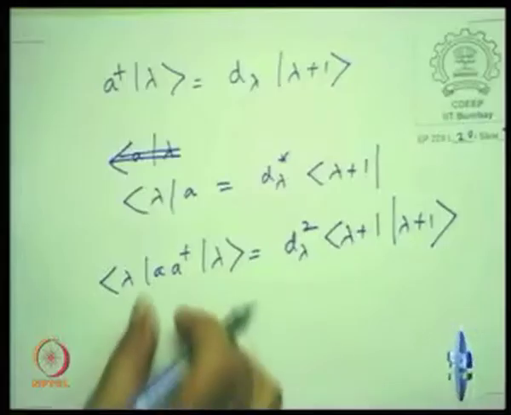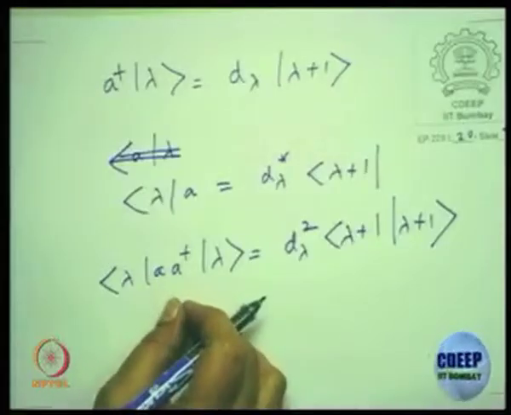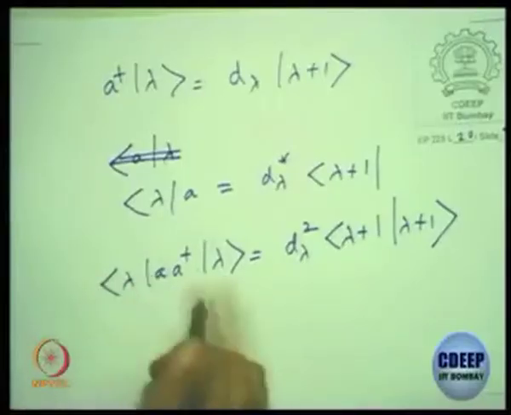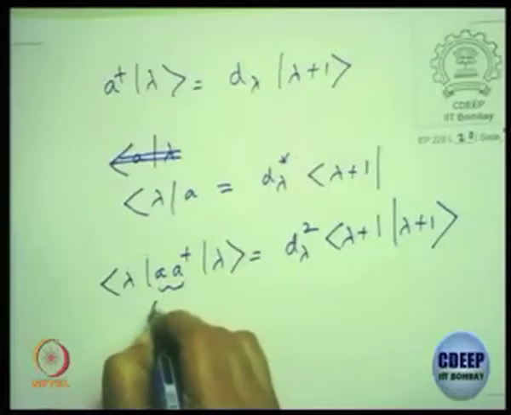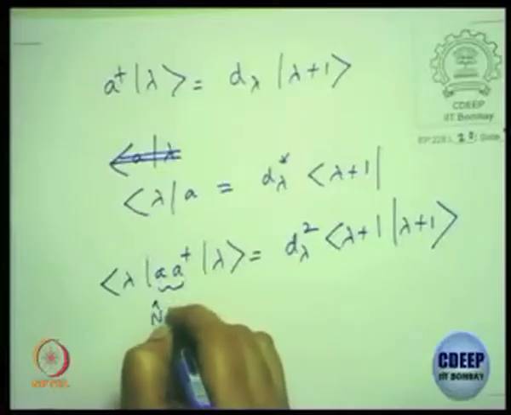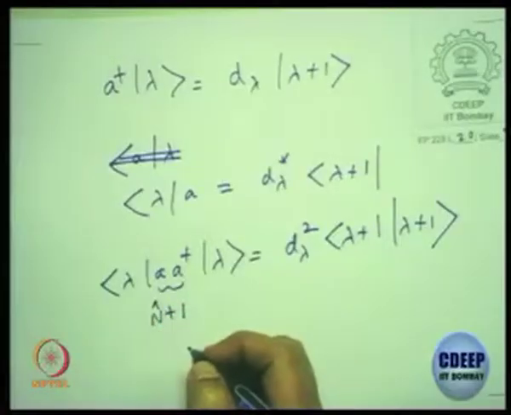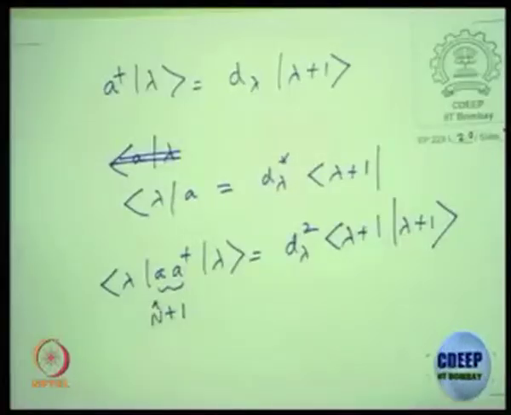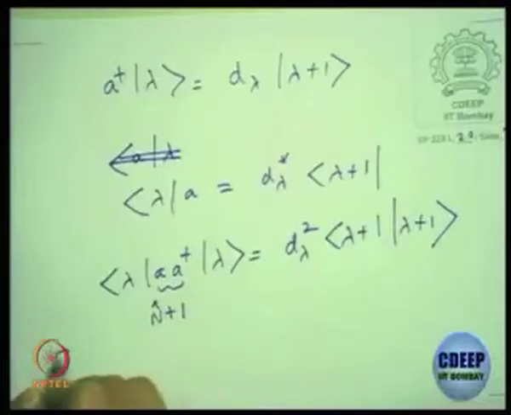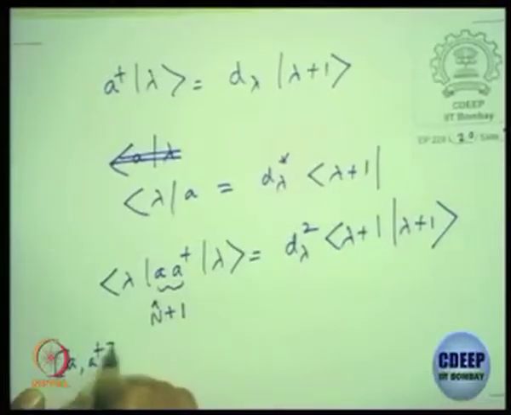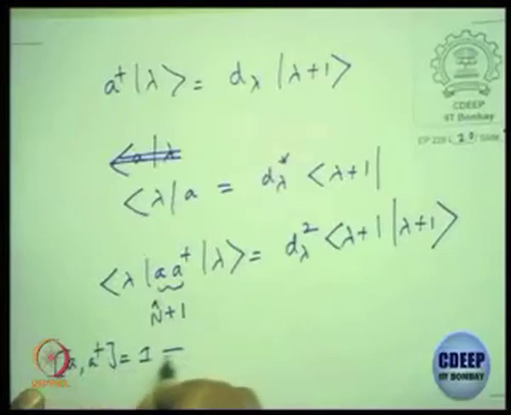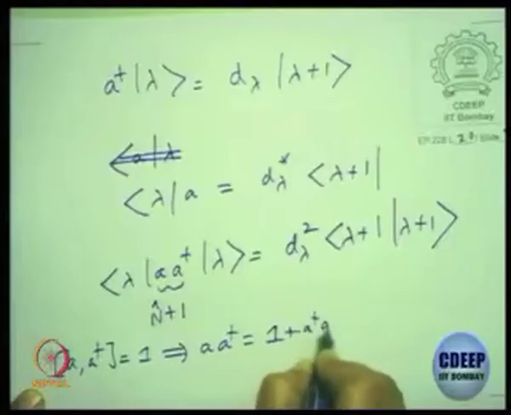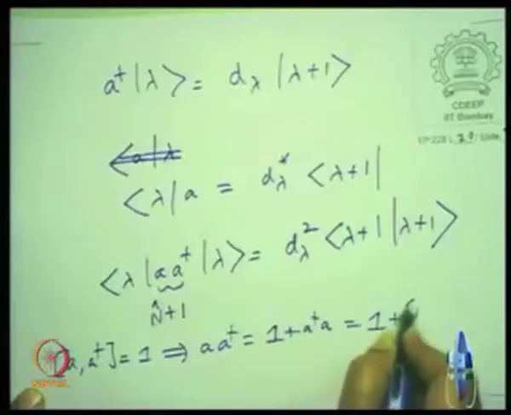What is this? Yeah, you can try to use the commutator and write it in terms of this. This can be written as n operator plus 1, right? Is that right? Using the commutator, if you use a a dagger to be 1, this implies a a dagger is 1 plus a dagger a, which is 1 plus number operator.